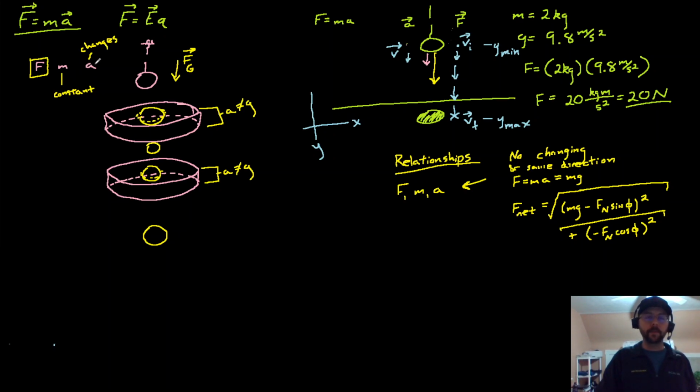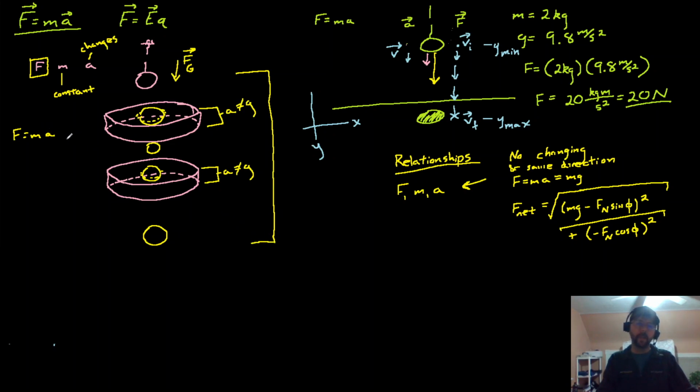So if we have mass and we have acceleration, and the mass is constant, but the acceleration changes, then it's not true to just say that the force equals the mass times the acceleration. And the reason is because over the event, let's say, that this object travels from our starting point down to our finishing point, what value do we choose for acceleration?